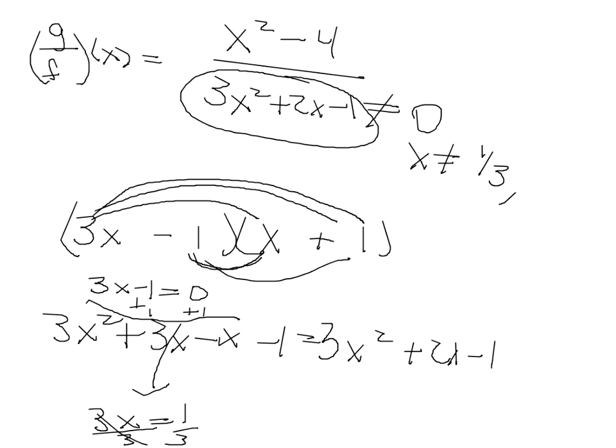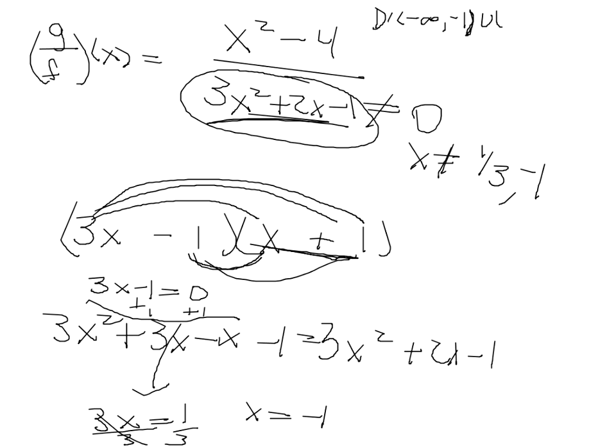So when x is 1/3, this will be 0. So don't let x equal 1/3. And then when x is equal to minus 1, this thing will be 0. So don't let that happen either. So our domain ends up being from minus infinity up to minus 1, since it's smaller. Think about the interval.